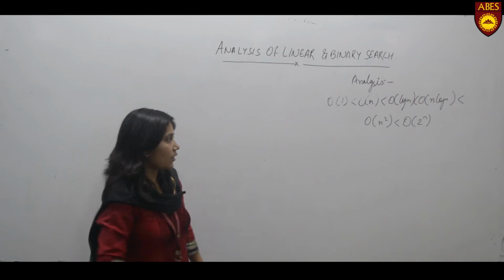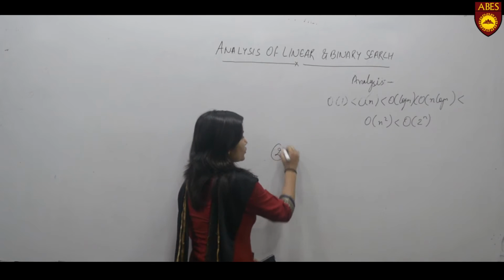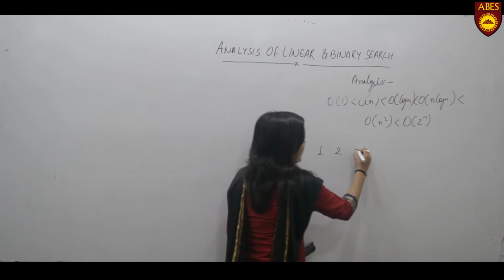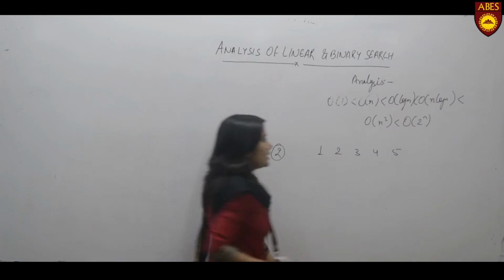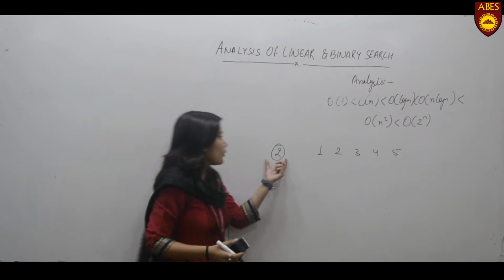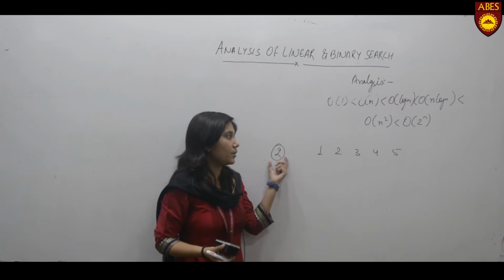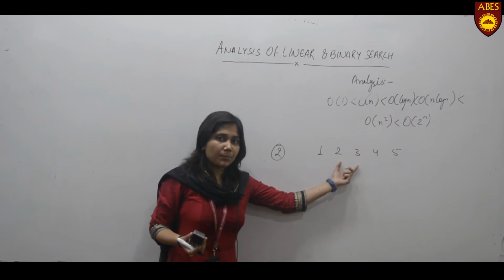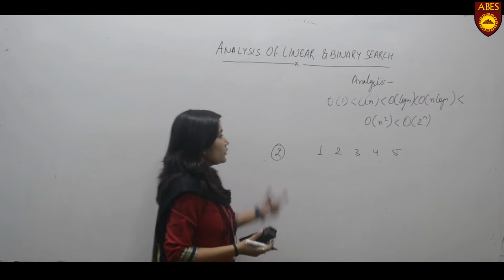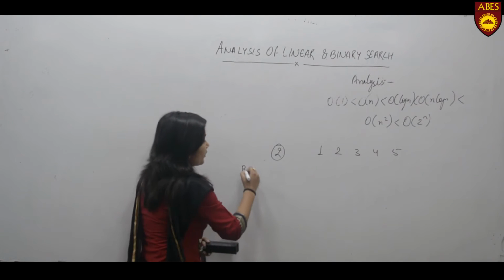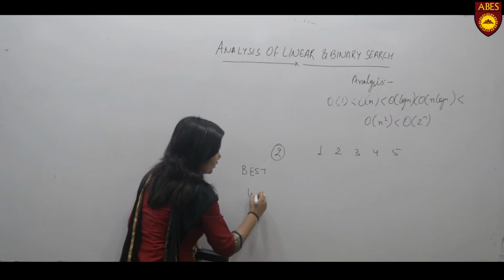So I am going to find a number, let us suppose 2, in an array which is 1, 2, 3, 4, 5. This is a 5 element array, and I am going to search this number in this particular array. There may be two possible conditions, one is the best case and the second one is the worst case.